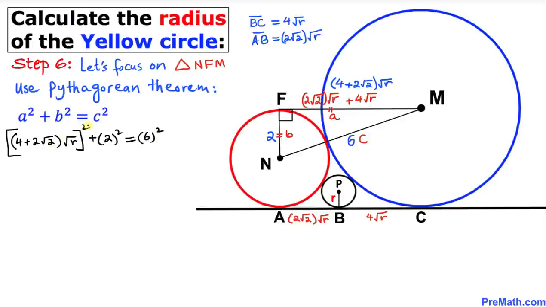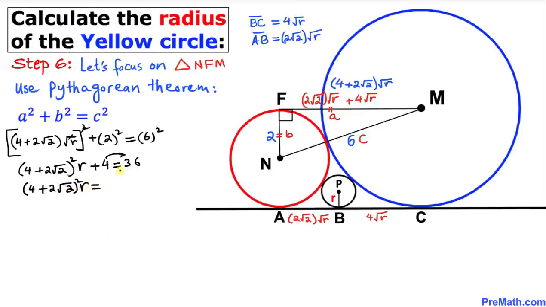And here if we take care of this one, the square and square root are gone, so I can write (4 plus 2 times square root of 2) square times r plus this 2 square becomes 4 equal to 36. Let's move this 4 to the other side, so that's going to become (4 plus 2 times square root of 2) square r.